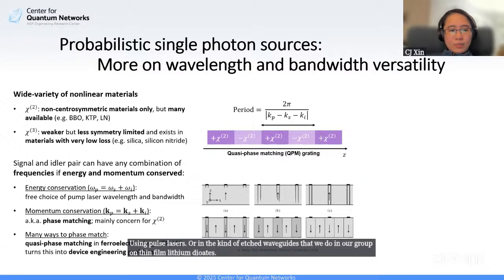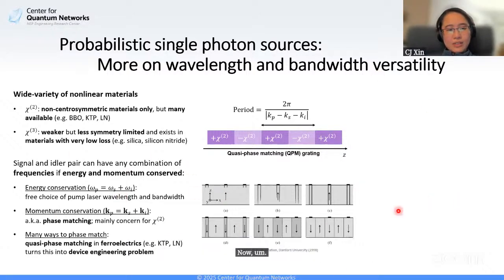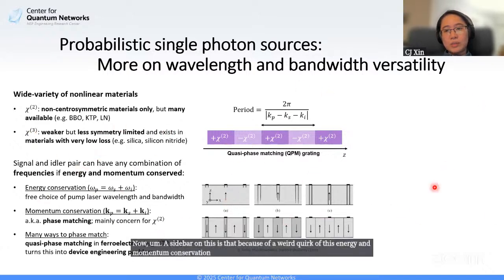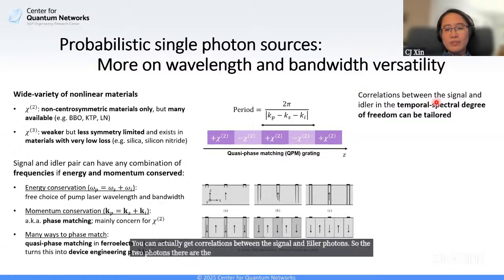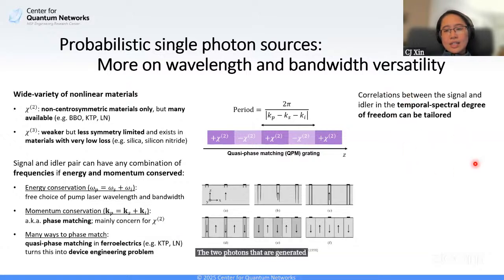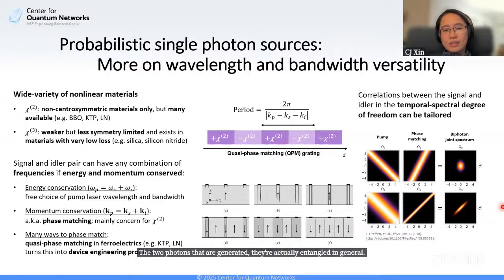Now, a sidebar on this is that because of a weird quirk of this energy and momentum conservation condition on photon pair generation, you can actually get correlations between the signal and idler photons. So the two photons there, the pair of photons that are generated, are actually entangled in general in the spectral temporal degree of freedom.